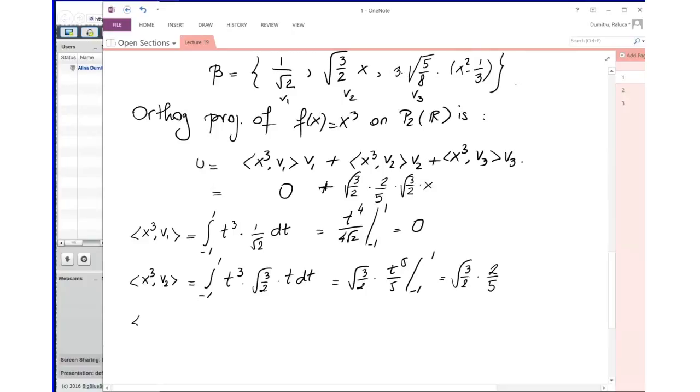All right, and finally, x cubed inner product with v3: the integral from -1 to 1 of t cubed times v3, where v3 is 3 square root of 5 over 8, times t squared minus 1/3, dt. And if you exclude the scalars here, you're going to see that it's in fact t to the fifth minus t to the third in there. So it's a polynomial where all the degrees are odd. So again, the integral from -1 to 1 will end up being 0.